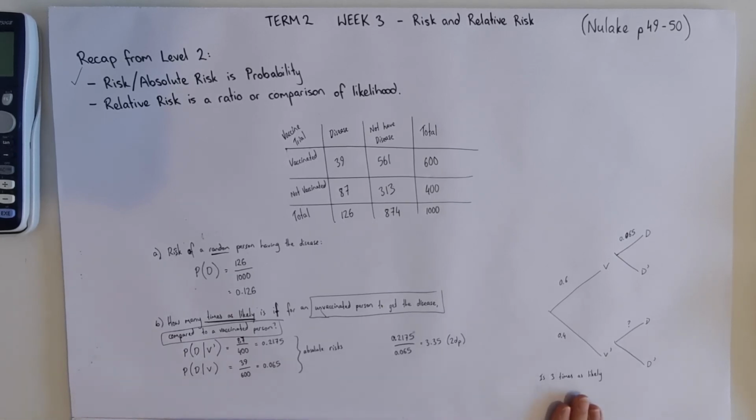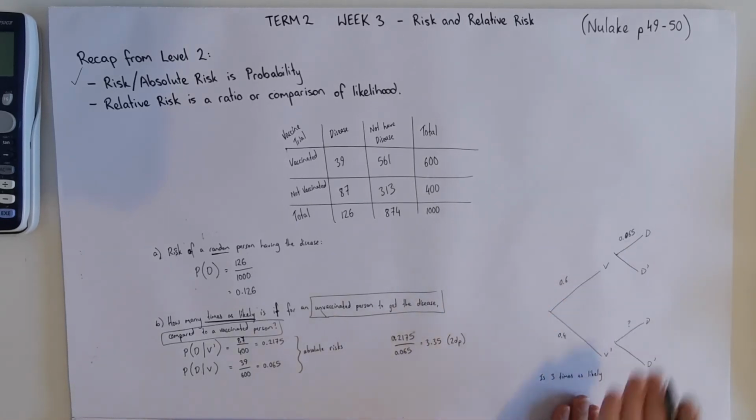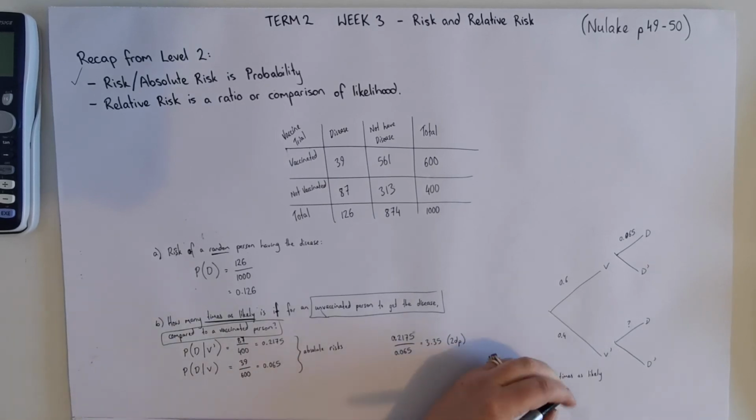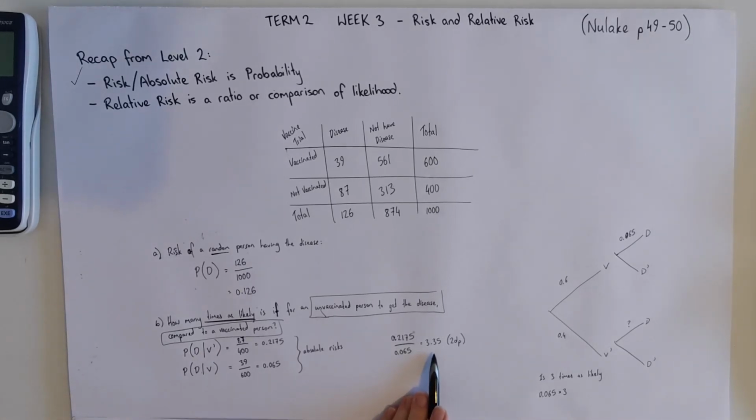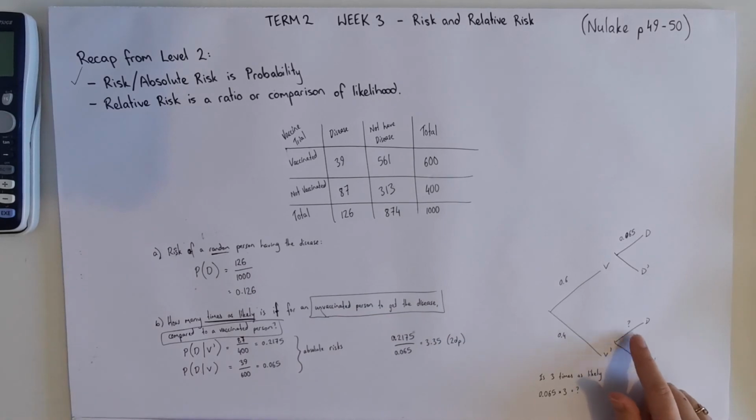If you were given a question like this, where you only have one of the conditional probabilities, but you were given a claim or a piece of information like this, it simply means that you would need to do your 0.065 multiplied by 3, or whatever this number was. In the actual example, it was 3.35. That will get you your missing conditional probability, and you're done. You can continue the question from there.